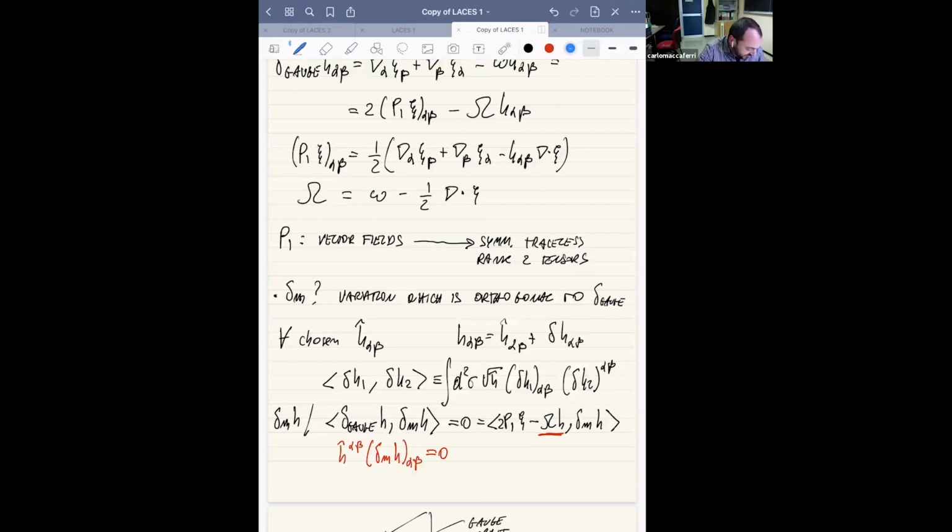Yes, these global things are something I'm not really considering at the moment. There is part of the gauge group that I'm not considering, the conformal Killing vectors, but we will discuss them later. Okay.